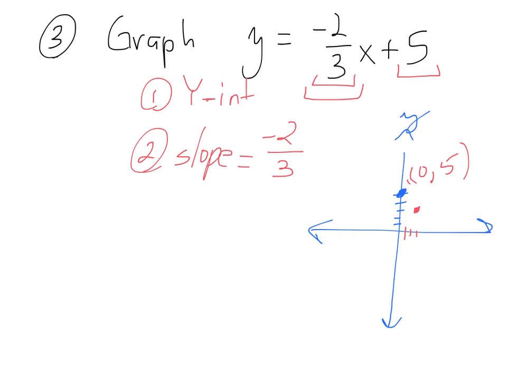To get to my next point. Down 2 more, right 3 more. So at 1, I will be over here at 6, it looks like. And you have enough to connect the dots and make your line. So again, this is some other stuff for you to know regarding your homework. All right, great.